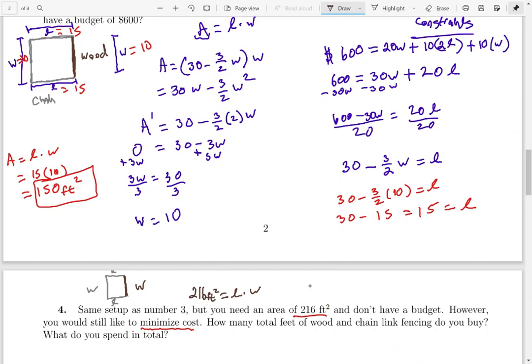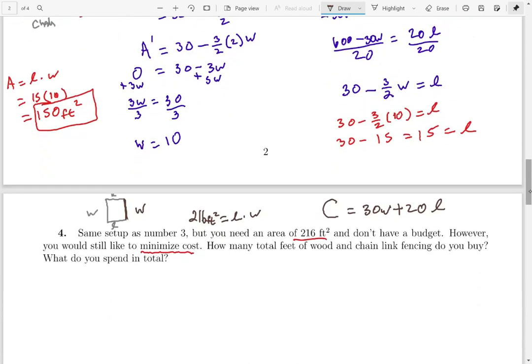And then when I talk about my cost, well, earlier I had a cost of 600, but this time I'm not told the cost. I want to find the cost, and so the cost is still 20W plus 10 times 2L plus 10 times W, but I'm going to take the simplified form of that, which is just going to be 30W plus 20L. Let's not waste the work we've already done.